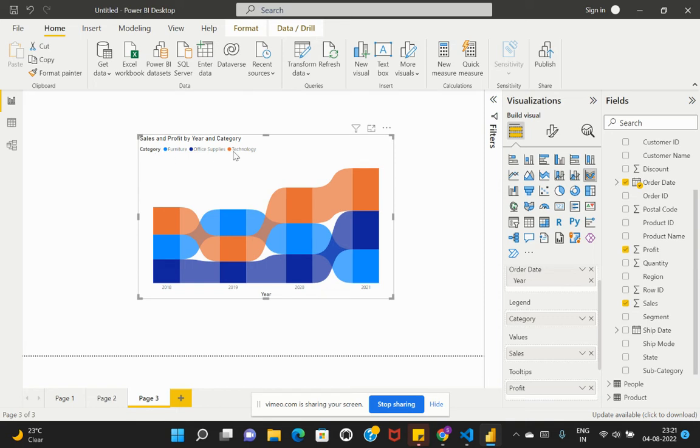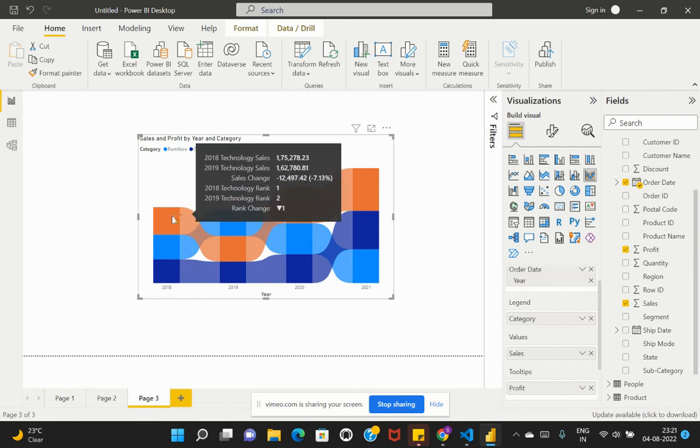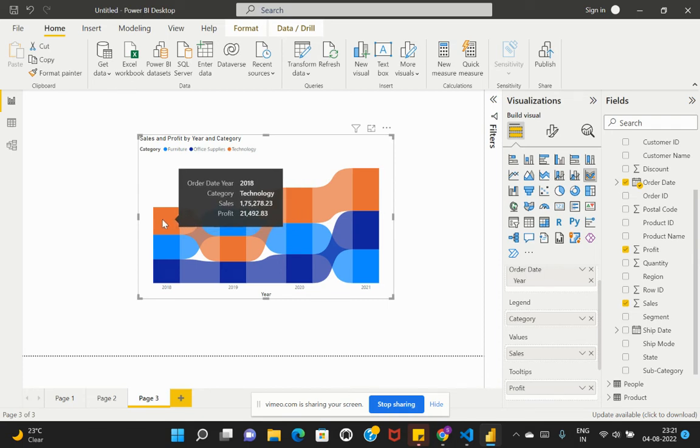We have the category being considered, which is broken across the different time intervals, and we are trying to compare it with two different measures, which are the sales and the profit, right? Now you see this particular technology category, let's say that I'm evaluating it for profit.